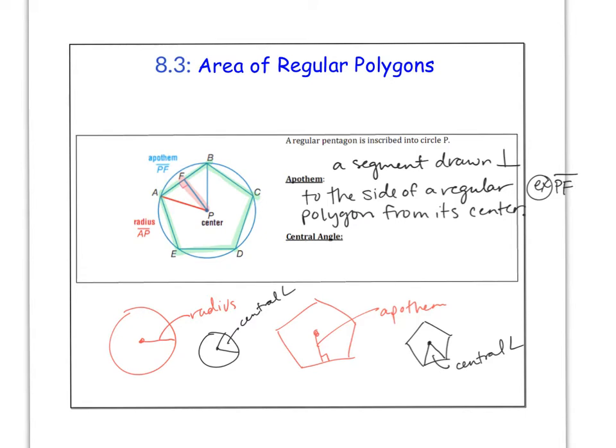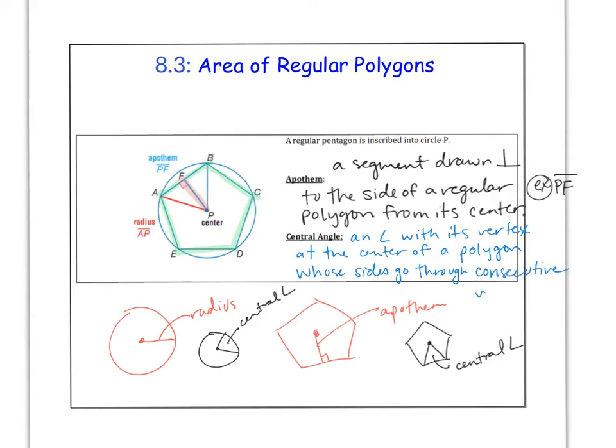Let's write down the definition. A central angle is an angle with its vertex, that's like the corner, right, at the center of a polygon whose sides go through consecutive vertices.